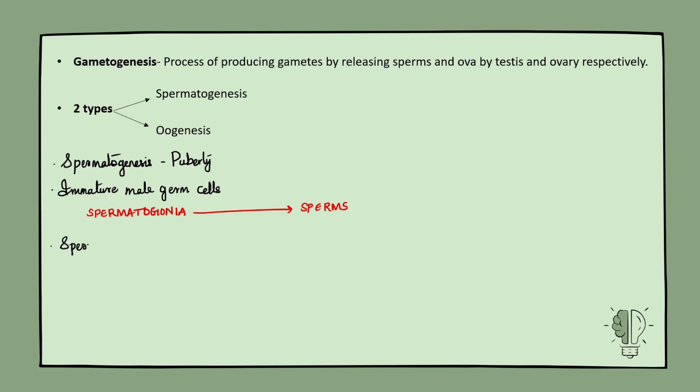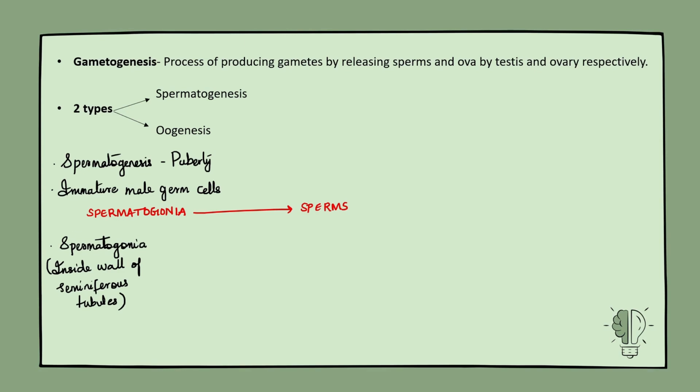Now, the spermatogonia are present on the inside wall of the seminiferous tubules. We've already learned about seminiferous tubules in the previous videos. They are the structural and functional units of the testes.